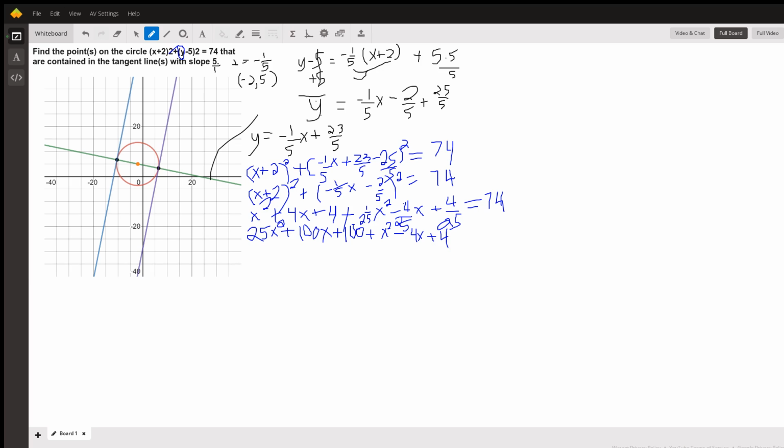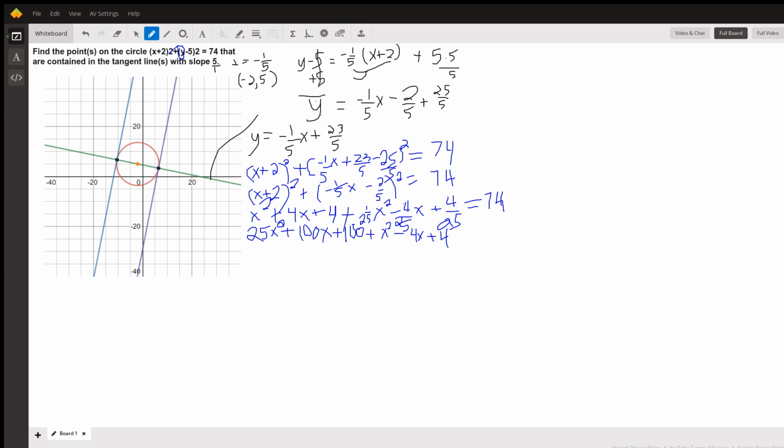I think I need to check one thing. If I have minus 1/5 x minus 2/5 times minus 1/5 x minus 2/5, I'm going to FOIL this on paper. I get 1 over 25x squared.